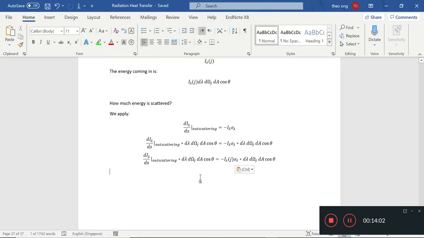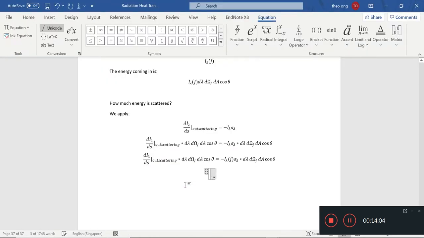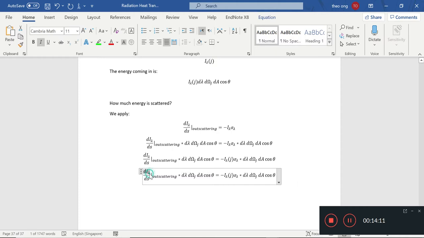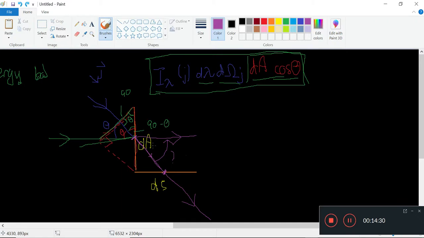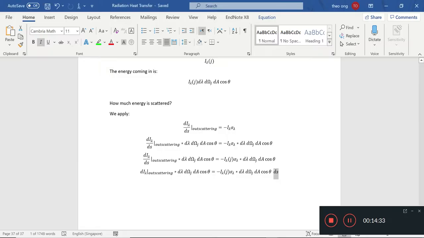So let's copy and paste. The I lambda outscattering is equal to, so we just multiply the s to the other side. And then we have to find out what this ds is.